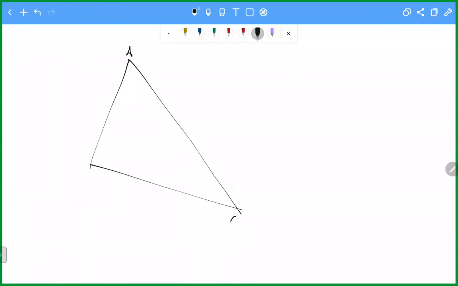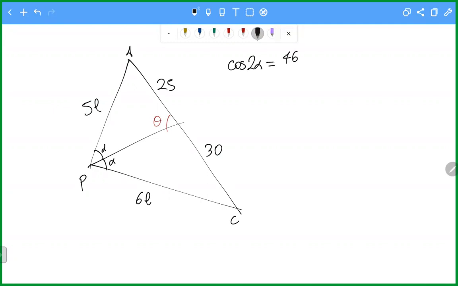It's A, C, P, it's alpha, alpha, and this is theta. So this is 5L, 25, 35, 36L, and cosine 2 alpha equals 46 over 14 squared.